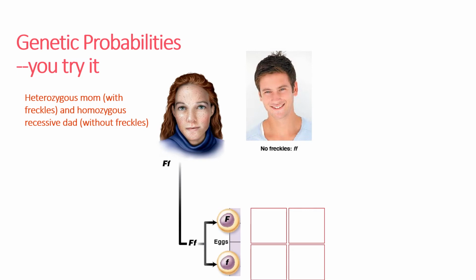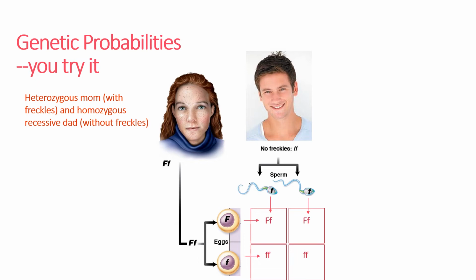Mom, because she's heterozygous, has 50% of her eggs that carry the freckle allele, and 50% of her eggs carry the not freckle allele. Dad, because he doesn't have freckles, can only give the not freckle allele. We're going to transfer that information from the allele that the sperm and the egg are carrying to our Punnett square.